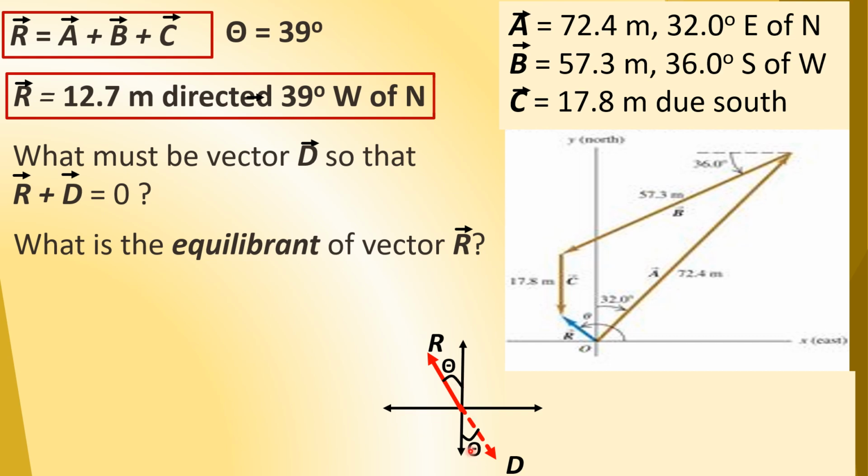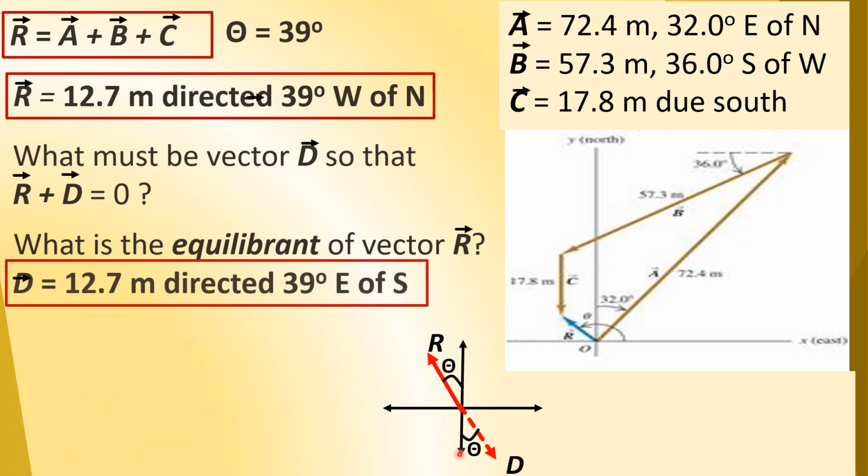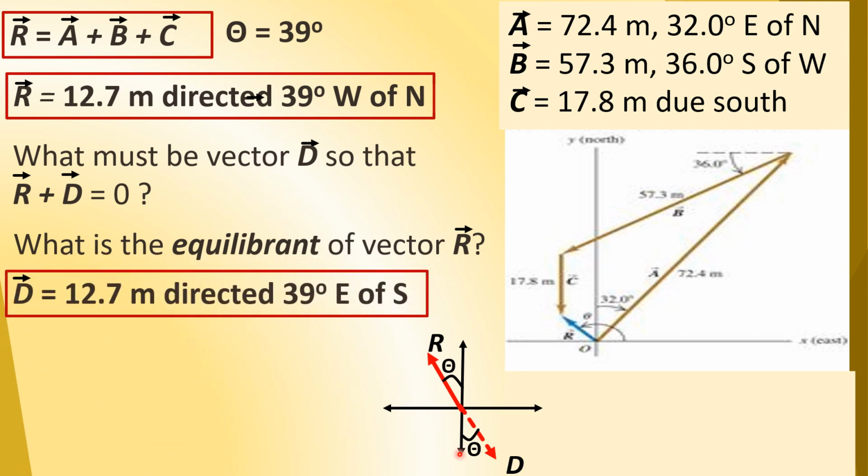So if you're going to use the same angle, 39 degrees, that means vector D also has a direction 39 degrees, but it is east of south, to the right of our south geographic direction.